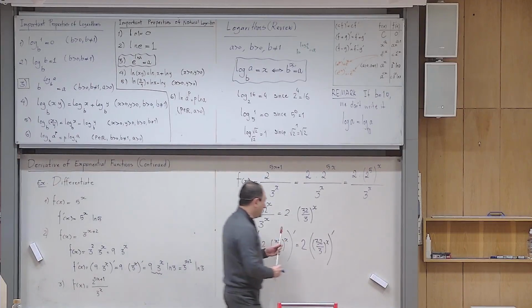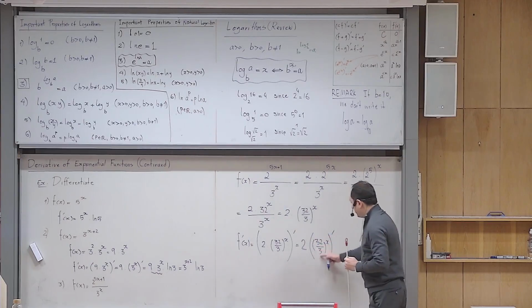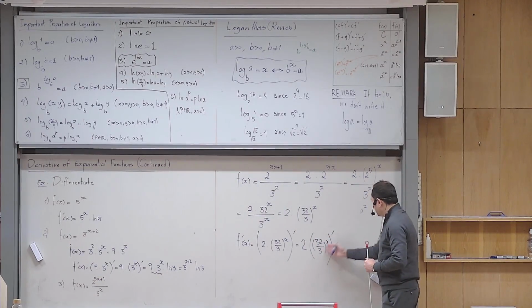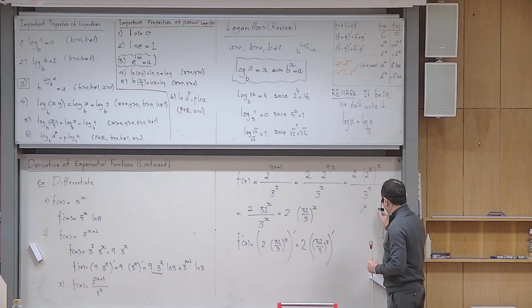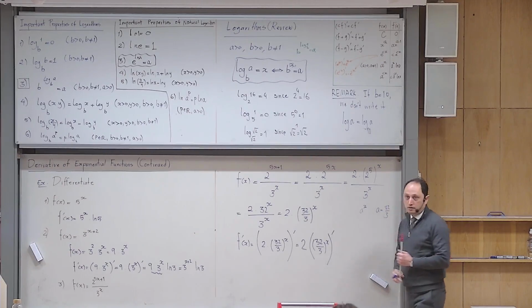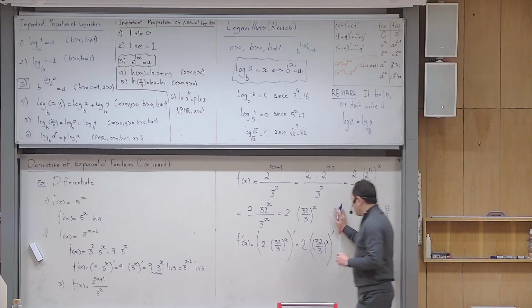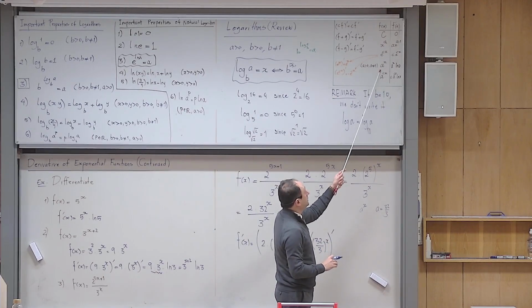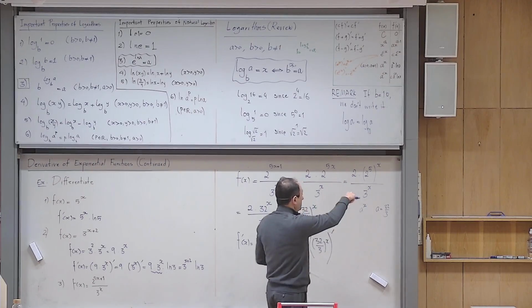Now, do you agree that this one is an exponential function, yes? So if you compare this with that one, that is exactly an exponential function, but a in this case is what? So that's it. So then I can use this rule again, but giving the role of a to 32 over 3.